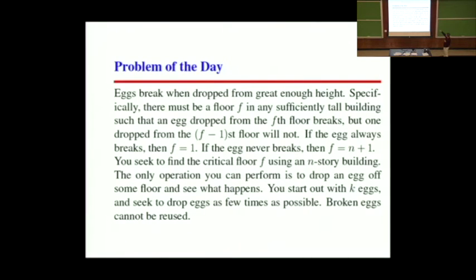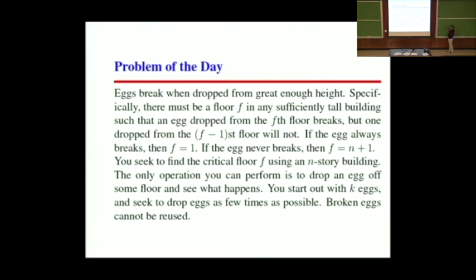So the question is the following. I am giving you a certain number of eggs. I am giving you an n-story building. Okay? So it's got n stories. And I'm giving you a certain number of eggs, k eggs. And the goal is to try to figure out where the threshold is.